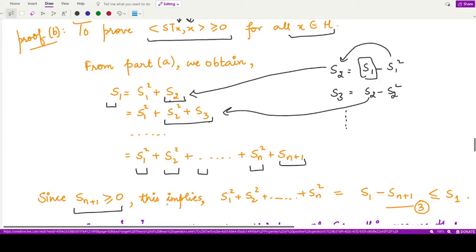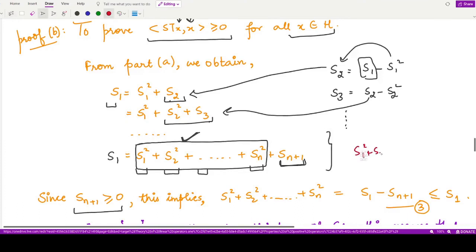So what would this imply? If you rearrange this expression a little, this thing here is equal to S1 minus Sn plus 1, right? So from this expression here you have S1 square plus S2 square plus up to Sn square, all the sum of squares, equal to S1 minus Sn plus 1.